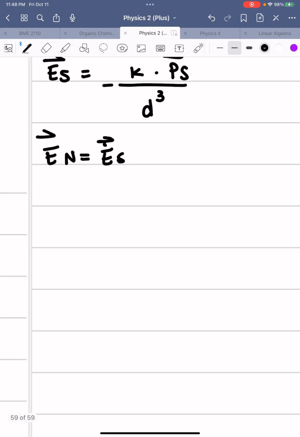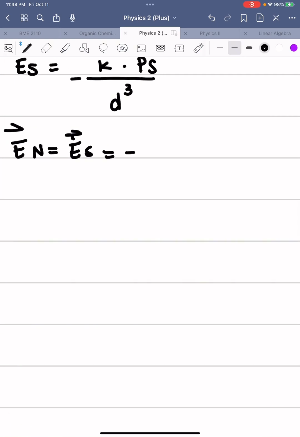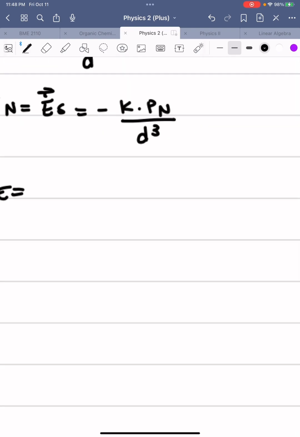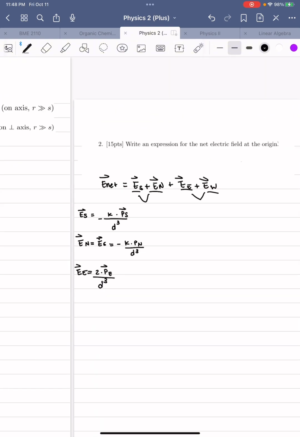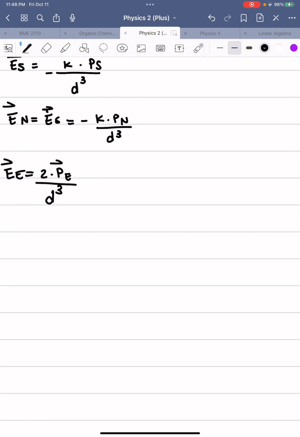I'm not going to write it again, but you know what? I'm going to write it again. It's okay, I'll be nice. And then the electric field of east is equal to the parallel formula, so 2 times P east over d cubed. Oh my goodness, I forgot the K. See, these are the little mistakes I make, but when you do these problems more calmly, you can see those mistakes.